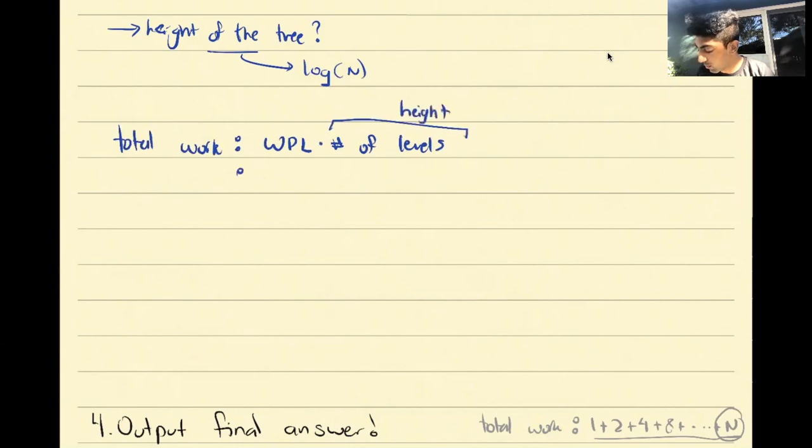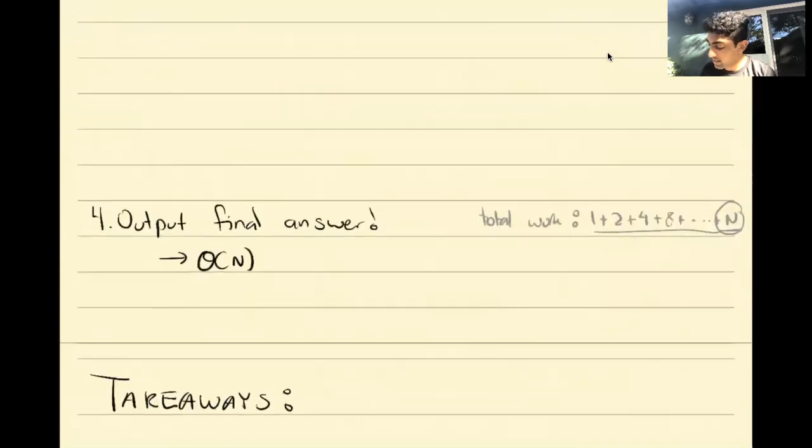So we see the total work is going to be equal to n times log n. And the final answer in this case is going to be n log n. So this is another example.